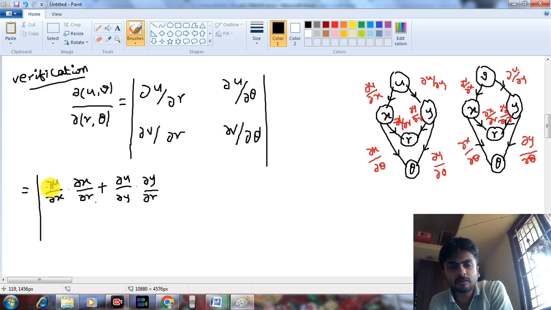So this is our first step, that is the first element of our first row.